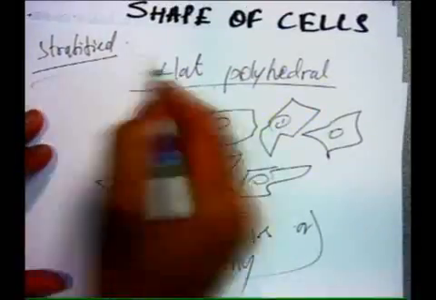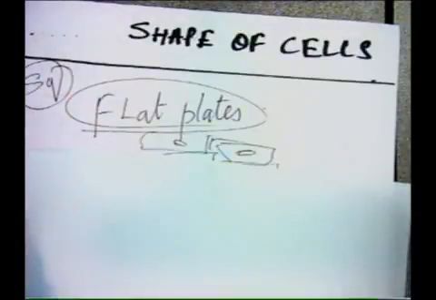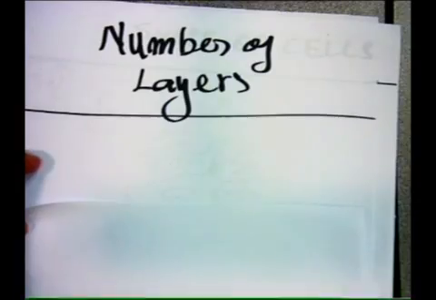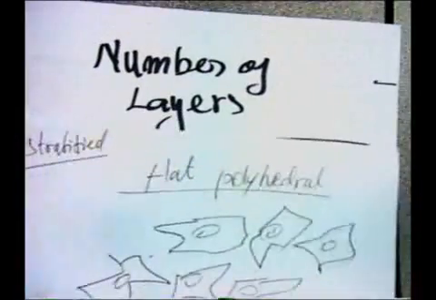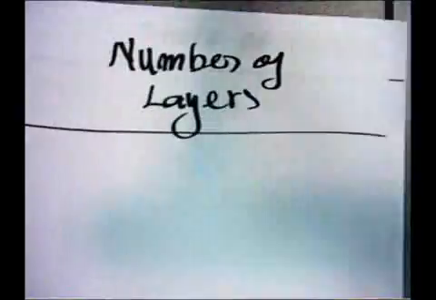That is for the stratified squamous epithelium, the shape of the cells. Now, go on to the next characteristic, the number of layers. That's why we said 2 or many layers: flat and polyhedral cells, but 2 or more layers.